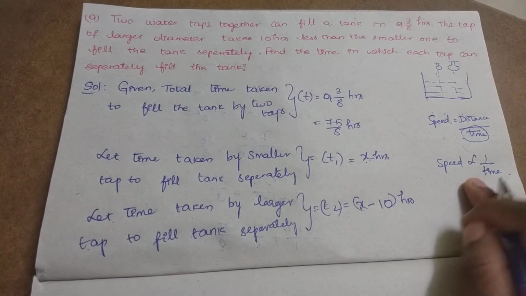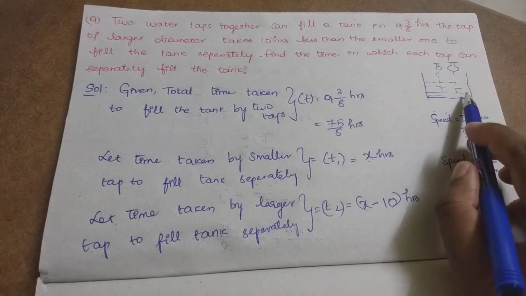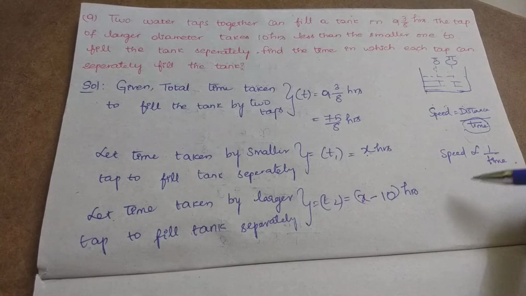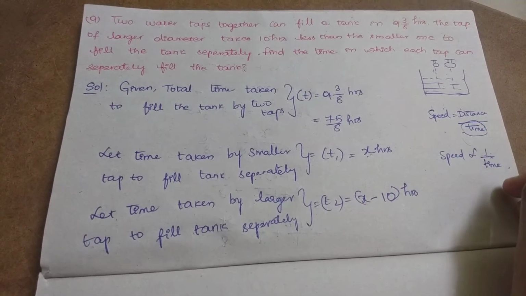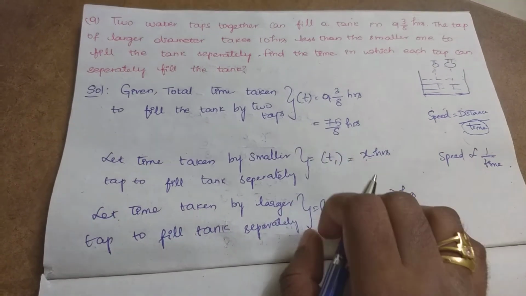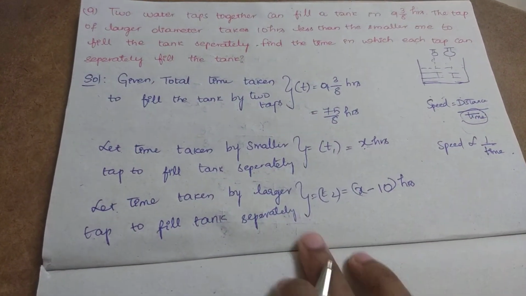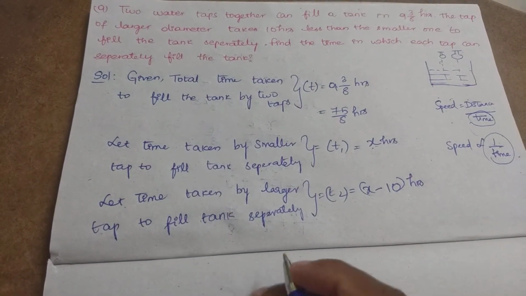What does it mean? It means that the total time taken will be inversely proportional to the speed. Here the total time taken by the two taps relates to the time taken by the smaller tap and the larger tap respectively. So we can frame a formula based on the relationship. What can we write?